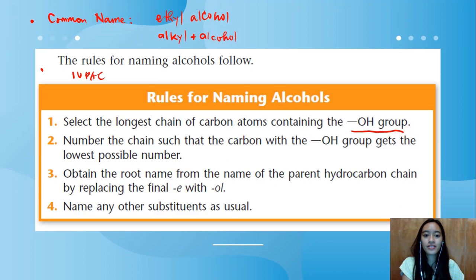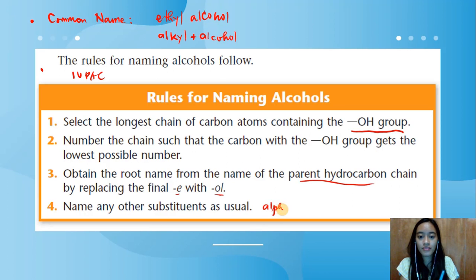Number 2, number the chain such that the carbon with the OH group gets the lowest number possible. Number 3, obtain the root name from the parent hydrocarbon chain by replacing the final E with an O-L, "ol". And lastly, you name any other substituents as usual, in other words, alphabetically ordered.